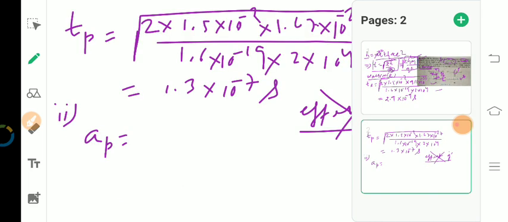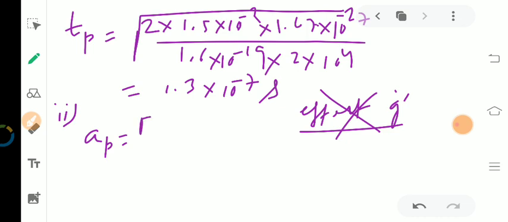Look, acceleration is equal to force divided by mass. Force is how much? When charge Q is placed in electric field E, this is the force, divided by the mass of the particle. So for the proton, this will be the mass of the proton, and this is the charge of the proton.